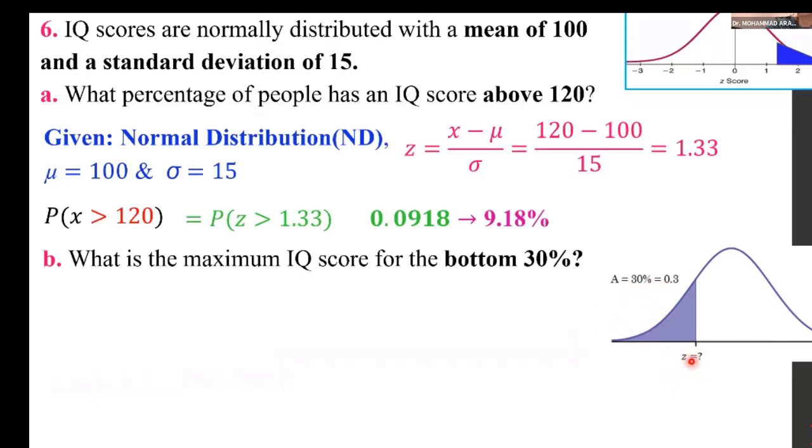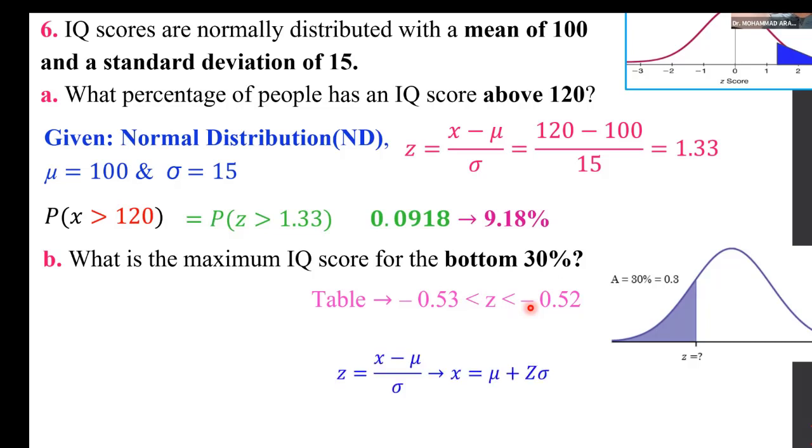We are looking for the z-score. And in this formula, if we have the z-score, we can calculate the missing X because we have mu and sigma as well. From the table, z is somewhere between these two numbers. From the table, z is X minus mu over sigma. If you do the cross product, X becomes mu plus z sigma.